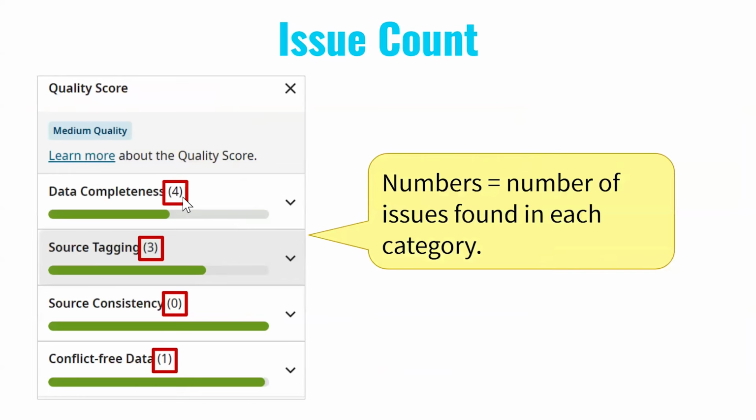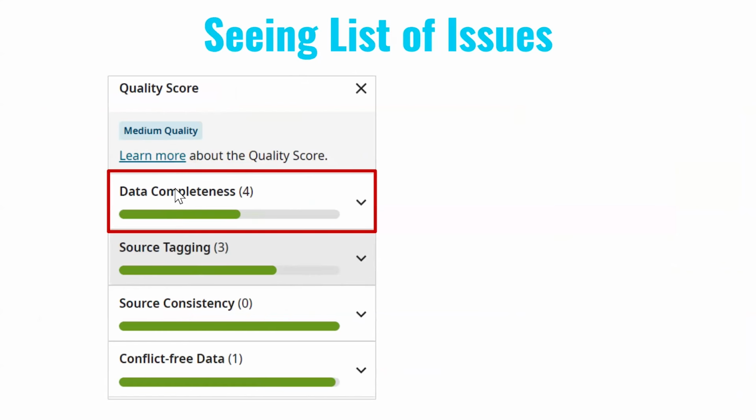You might be looking at these numbers here and think that they were a score for that particular component, but they actually aren't. They just show you the number of items for that component, the number of issues that need to be addressed for that component. So, how do you see a list of those issues?